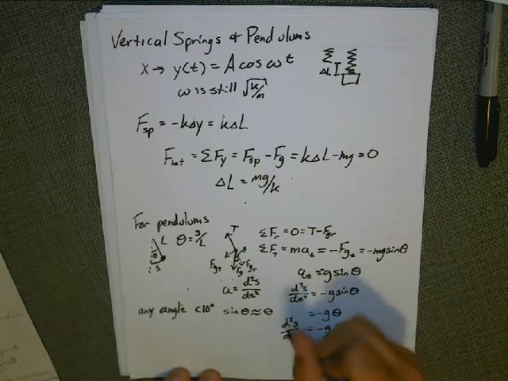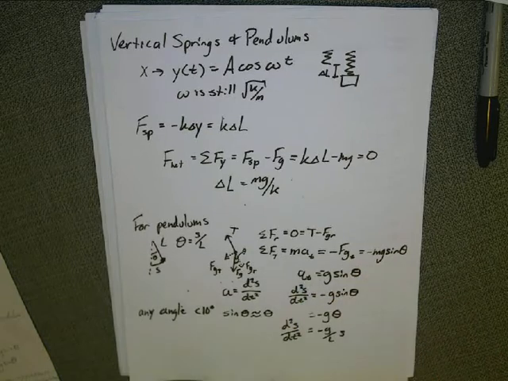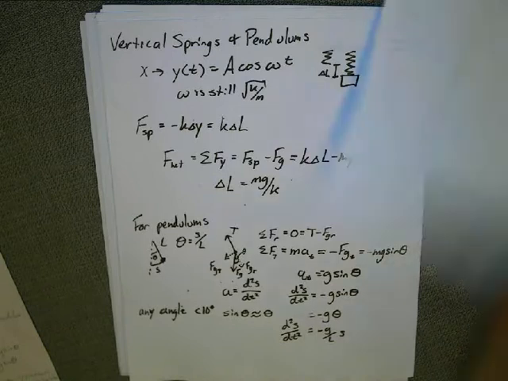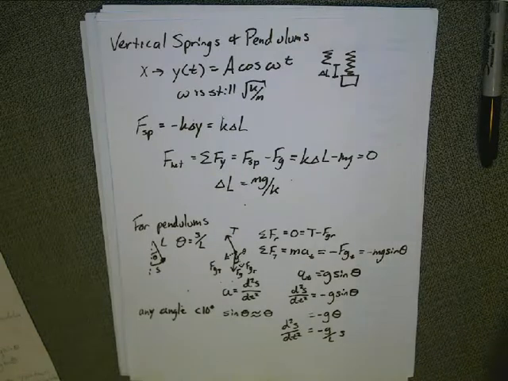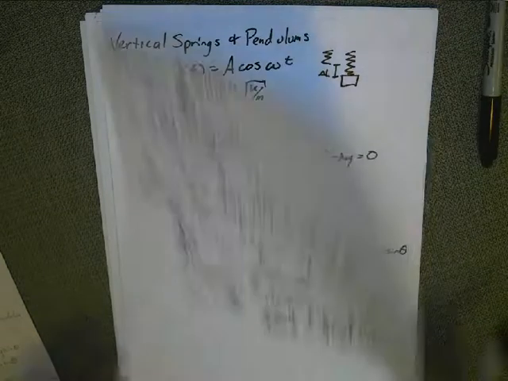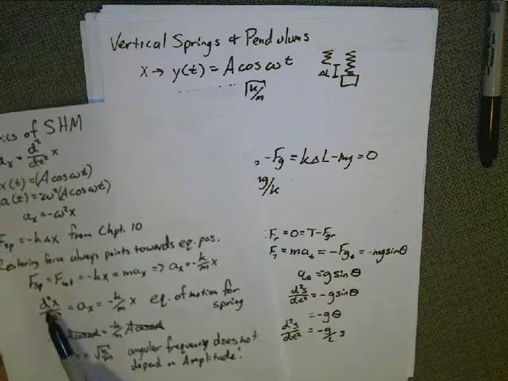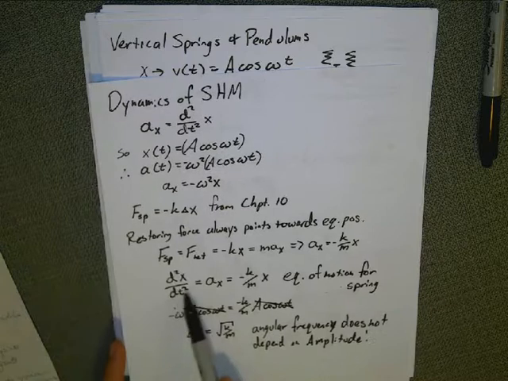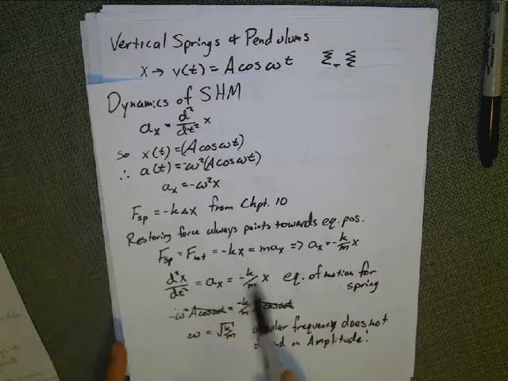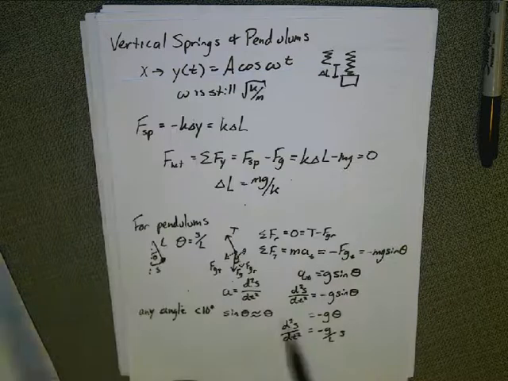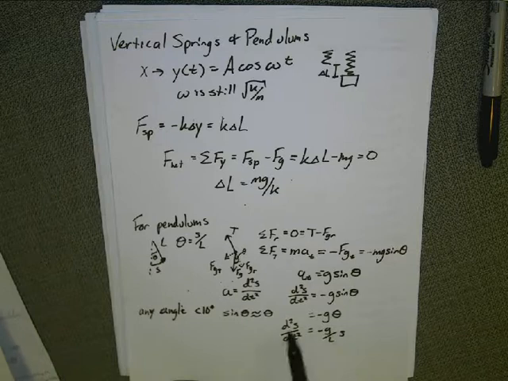Now, this is actually similar to the spring. If you look, we said d squared x over dt squared equals negative k over m x. This is s here, and we just have a different pair of constants.